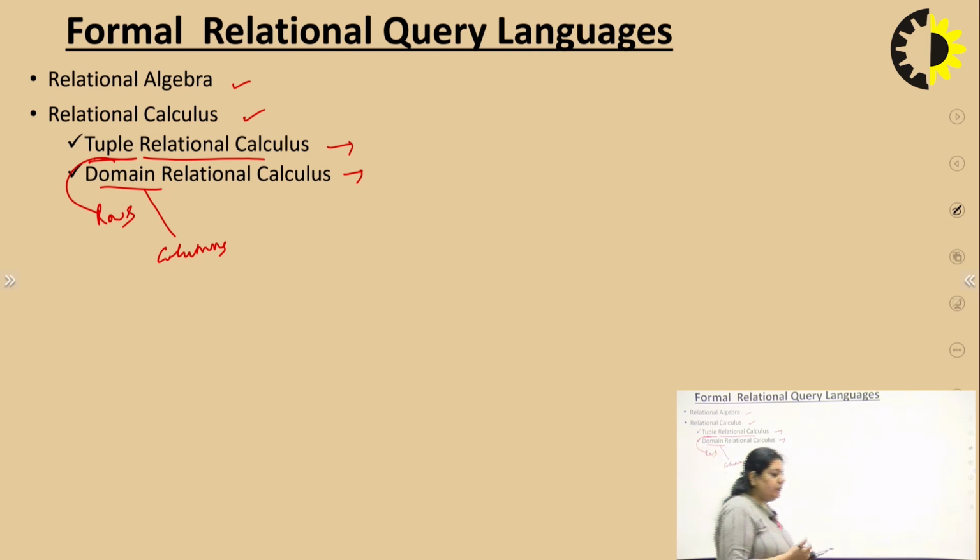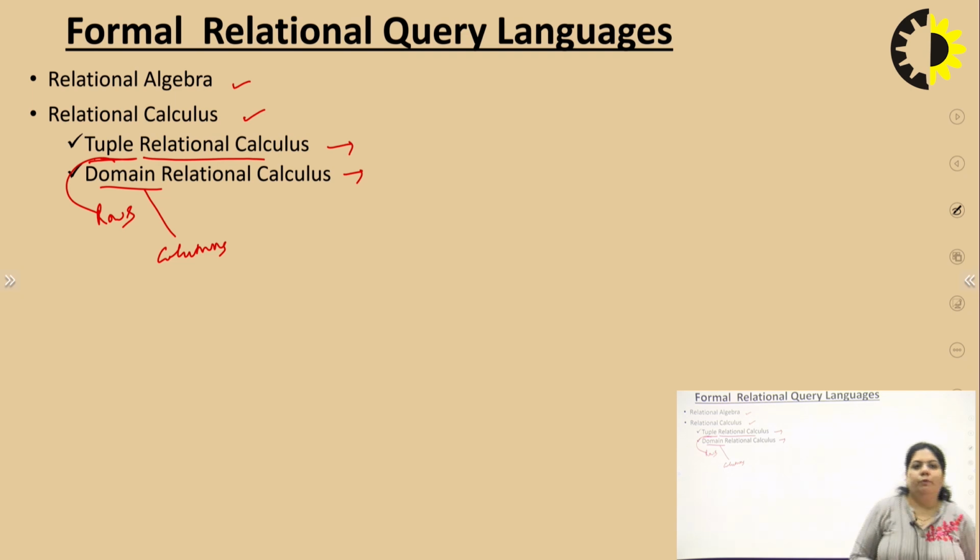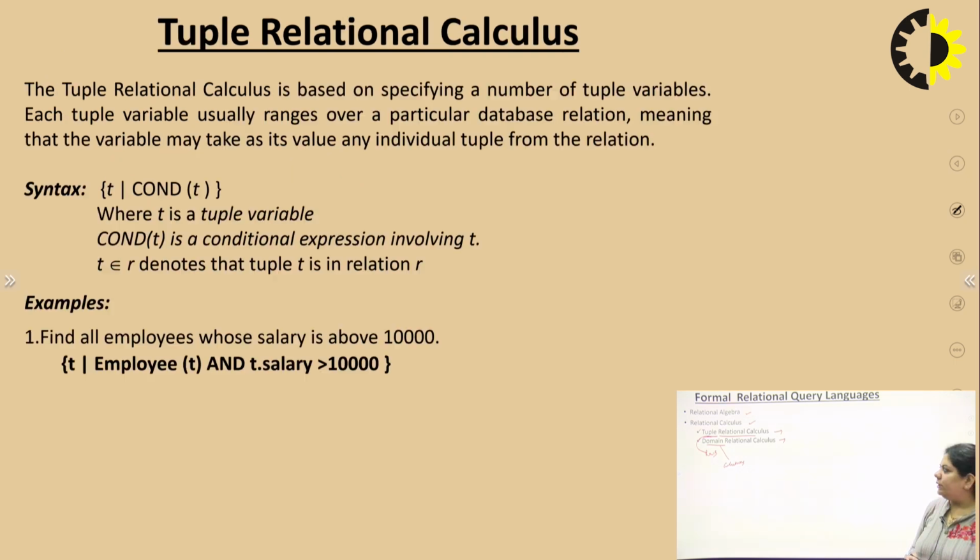That means in tuple relational calculus we try to fetch rows from a relation or a table, and in domain relational calculus we try to fetch columns directly. In this video lecture I am talking about tuple relational calculus: what a tuple is and how we can fetch tuples using a relational calculus query language.